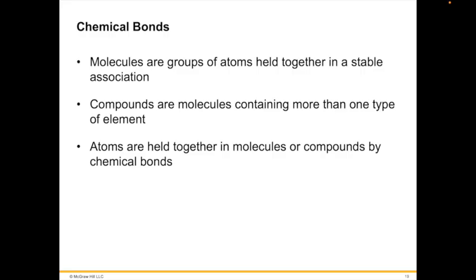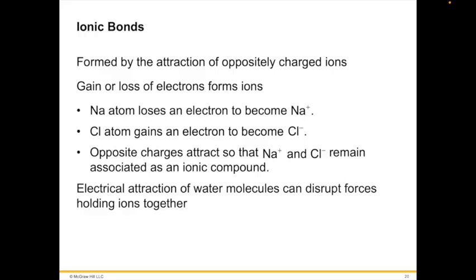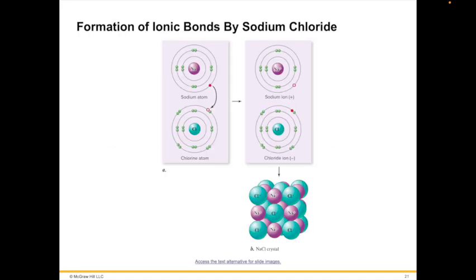We will start by examining ionic bonds, which form when atoms with opposite electrical charges, or ions, attract. Common table salt, the molecule sodium chloride, NaCl, is a lattice of ions in which atoms are held together by ionic bonds. Please see figure 2.9 shown to you here.